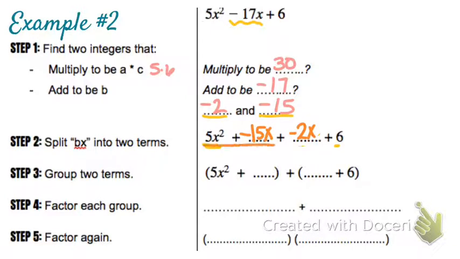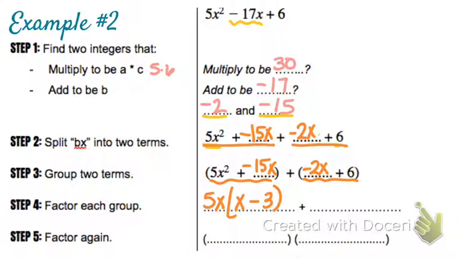So when I group these two together, you then see that you can factor something out of each of these groups. You're looking for that greatest common factor you can factor out of each. The one on the left, 5 and negative 15, I see I can factor out a 5. And x squared and x, I can factor out 1x. And that's going to leave me with x minus 3.